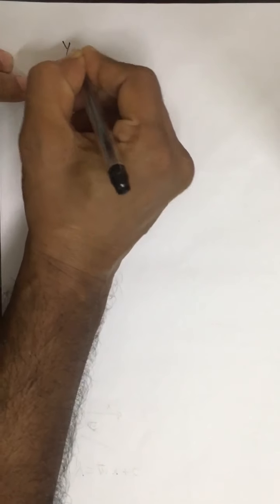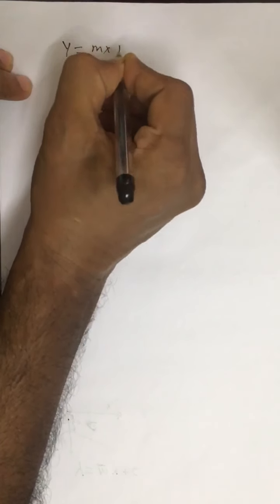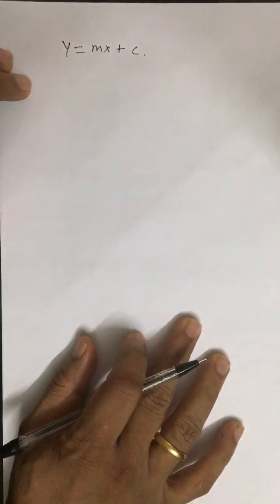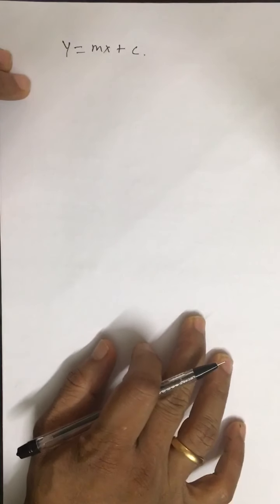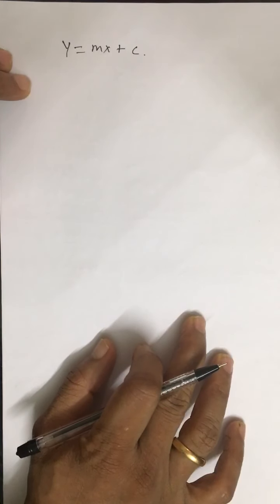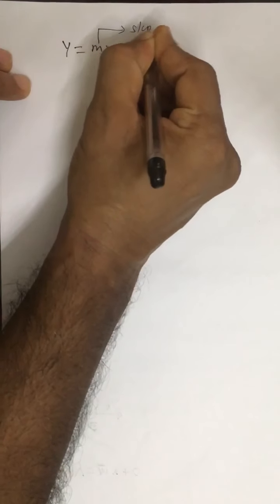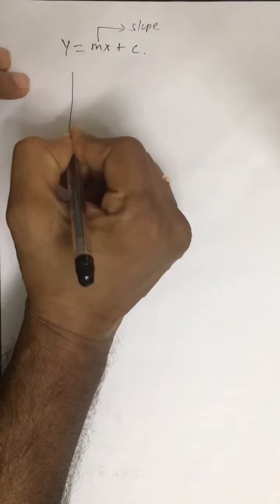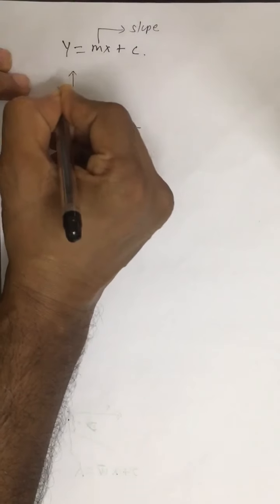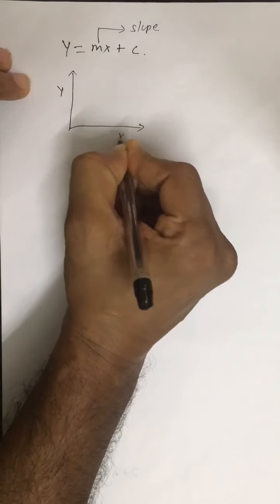And the straight line equation is y equal to mx plus c. Here m is the slope, on the y-axis, and this is x.